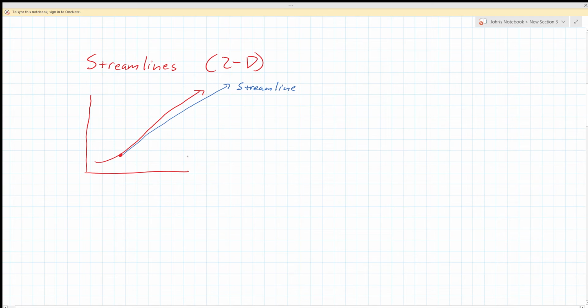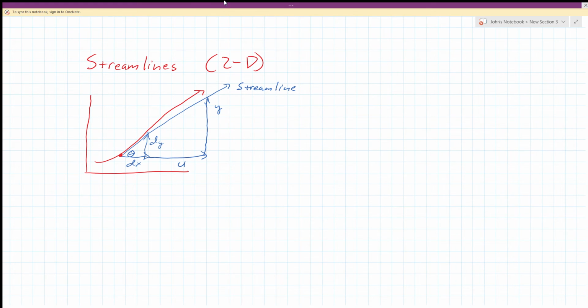In a 2D shape, I'm going to have my dx direction and my dy change. Also in 2D, you can have your velocity in the u direction and your velocity in the v direction.